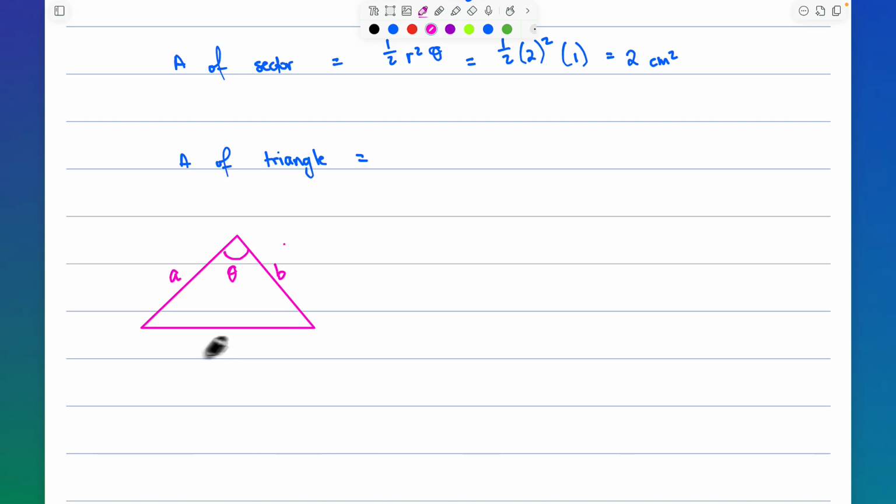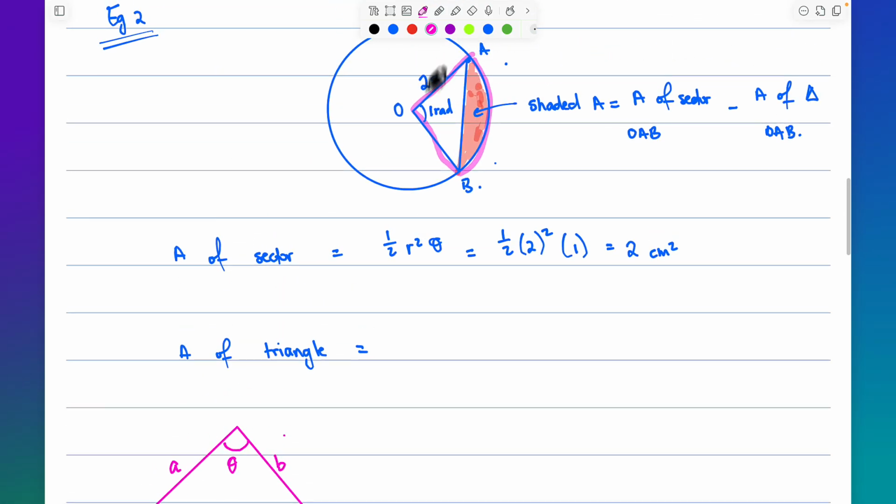In order to find the area of this triangle, you would say half the 2 sides multiplied by sine of that angle. Okay, so that's what we'll do, because in this case we have this triangle, we have this angle here, which is 1 radian. We know that the 2 sides that come together to make up that angle are the 2 radii. So that's 2 centimeters on this side, 2 centimeters on that side, right?